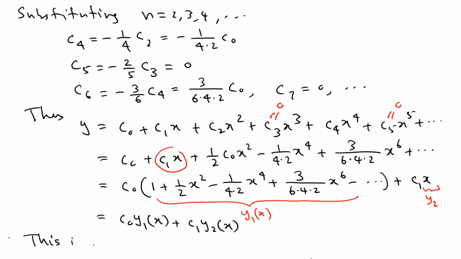This is valid on x less than 1. Okay, so you have a solution which is valid on this domain. This is how we do a problem. Some problems are a little lengthy, but this is the general idea about how to solve problems using the power series method.